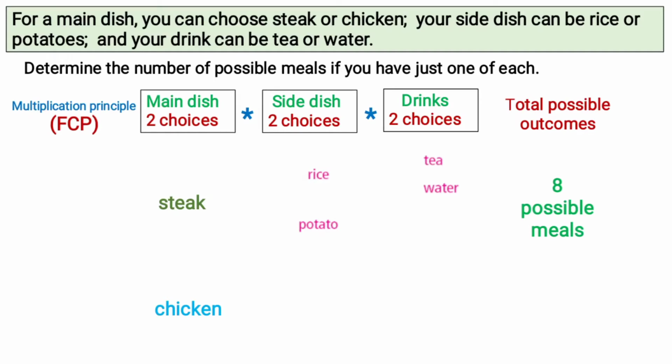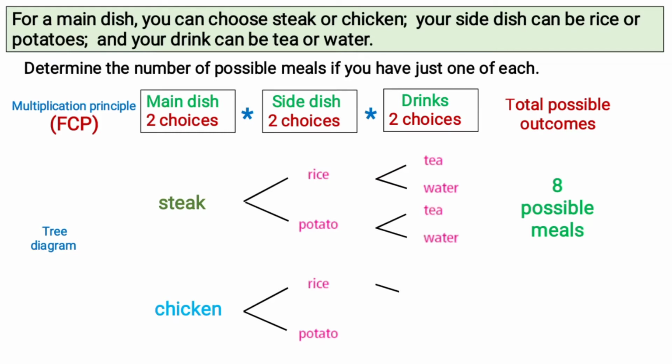Now, we can justify our answer by using a tree diagram. This is another way to count outcomes. Pag sinabing tree diagram, magdodraw tayo ng trunks o sanga na magre-represent ng mga possible meals na pwede nating makreate. So, umpisahan natin sa main dish. It's either steak or chicken. Gawa tayo ng combo meals.